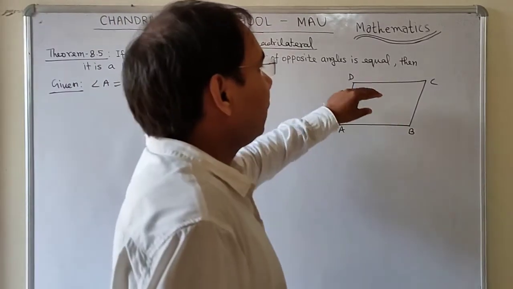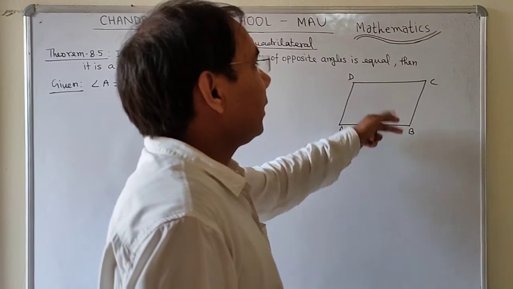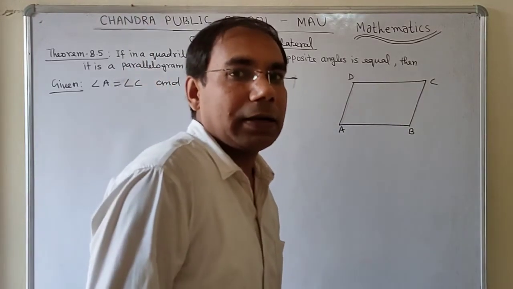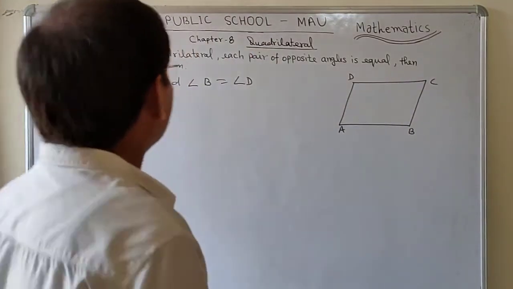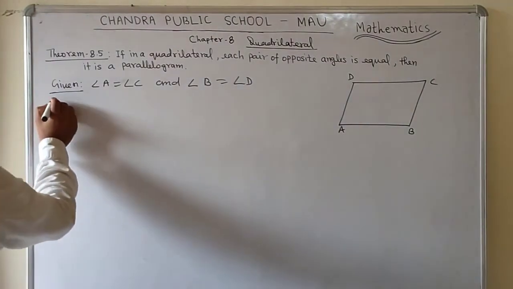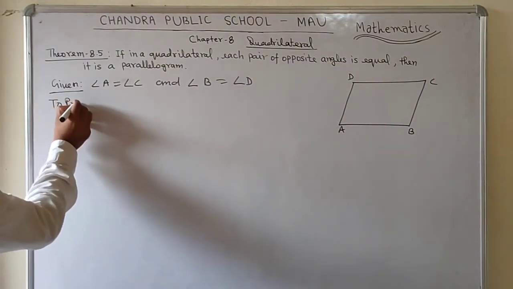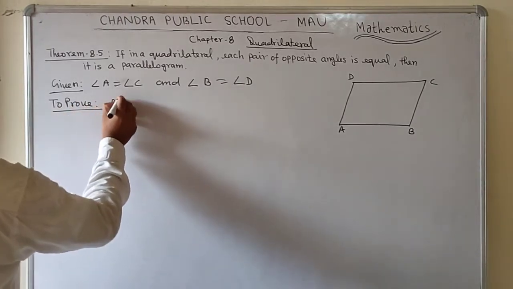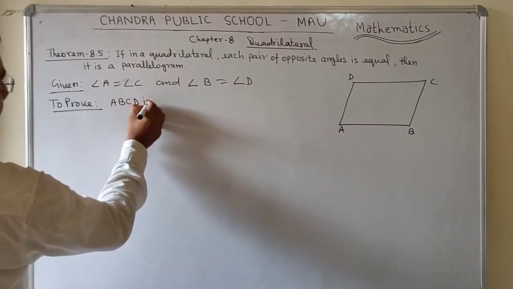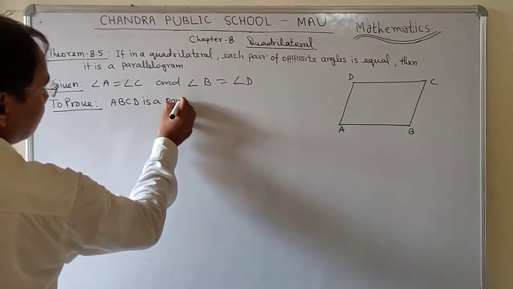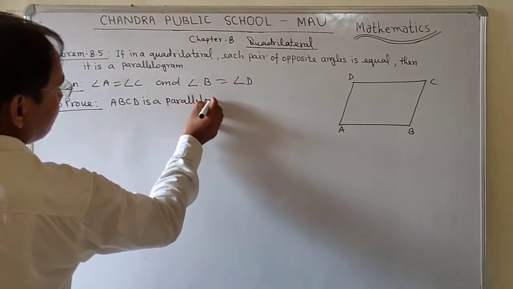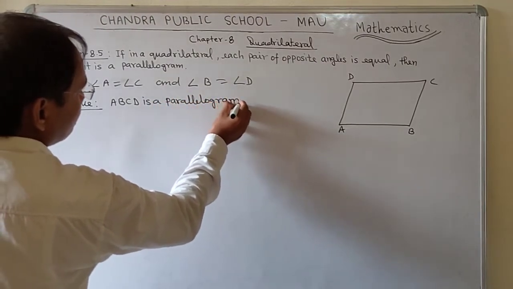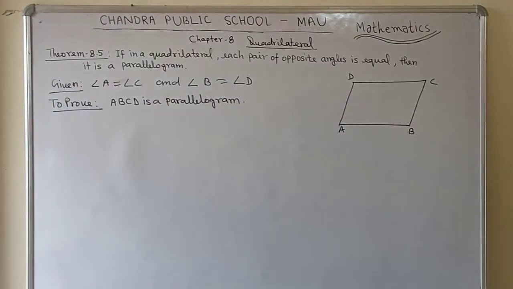When you are able to prove that in this quadrilateral both pairs of opposite sides are parallel, then it will be a parallelogram. Now you need to prove that ABCD is a parallelogram.